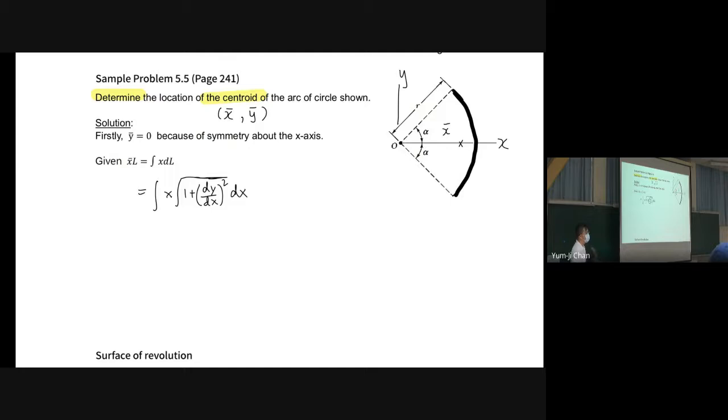But for a circle, can anybody remind me the equation of a circle? You can say y is equal to the square root of r squared minus x squared. Am I right?